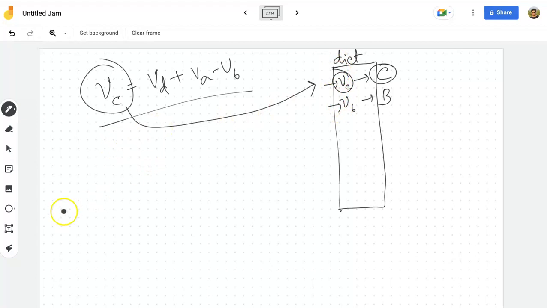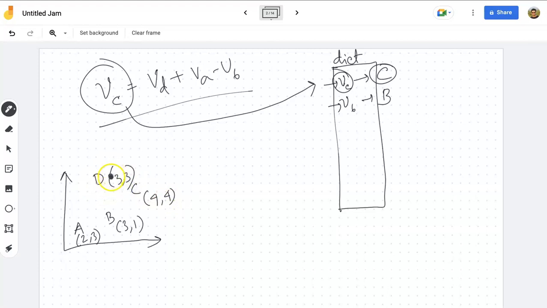Suppose point A has embedding 2,3, point B is 3,1, point C is 4,4, and point D is 3,3.